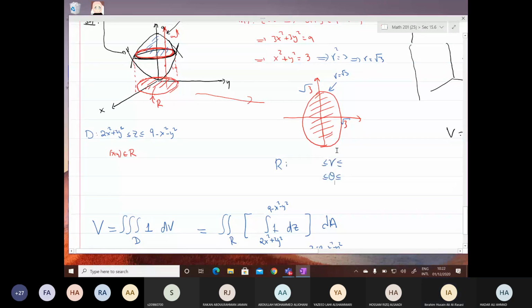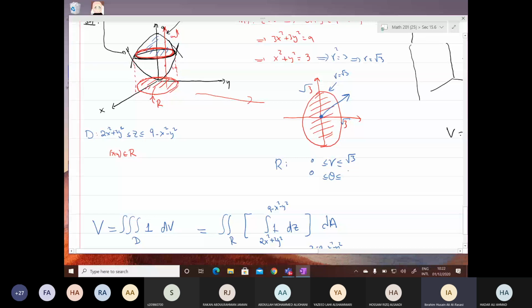Now the limits of r. How to find them? I take a ray from the origin, and it goes from 0 to root 3. What about theta? You are covering the whole disk, so theta goes from 0 to 2 pi.